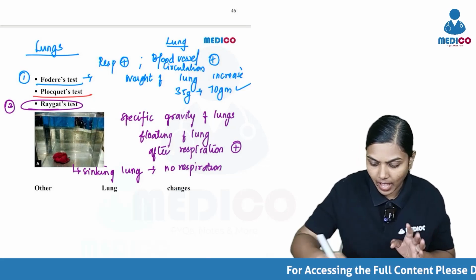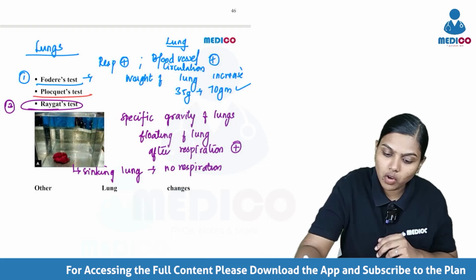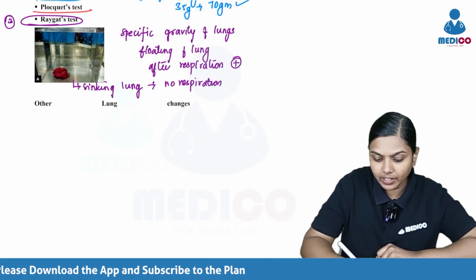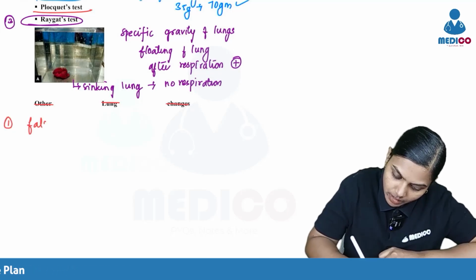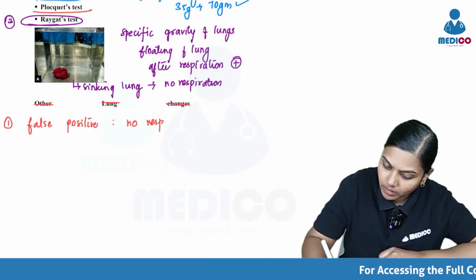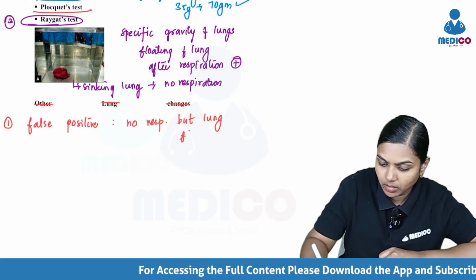Clear? And there are certain fallacies to this test, which means there is possibility for false positive and false negative in this test. So first, false positive means no respiration but lung floats. Right?